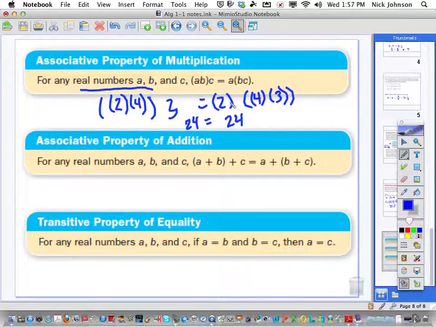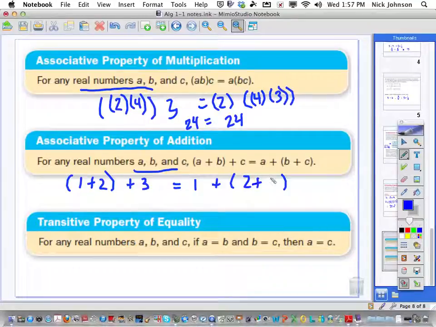Same's true for the associative property of addition. No matter what numbers these are, whatever order you're going to add them, it's going to give you the same thing. So for instance, 1 plus 2 plus 3 is going to be the exact same thing as 1 plus, parentheses, 2 plus 3.